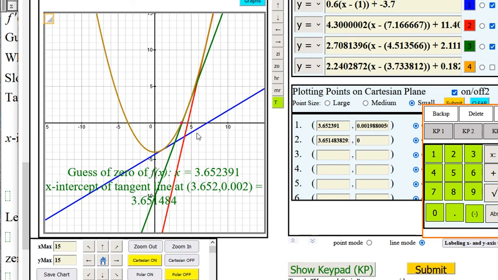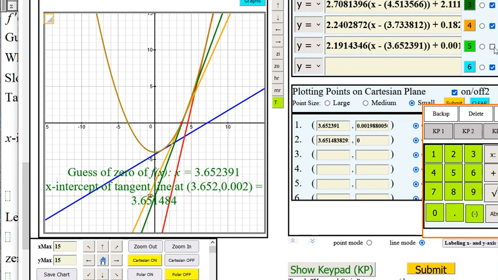And then our third tangent line will have an x-intercept that's even closer to the zero of the function. And then our fourth tangent line will have an x-intercept that's even closer. And then our fifth tangent line will have an x-intercept that's even closer.